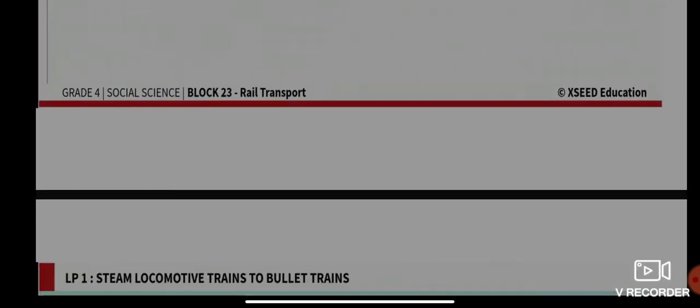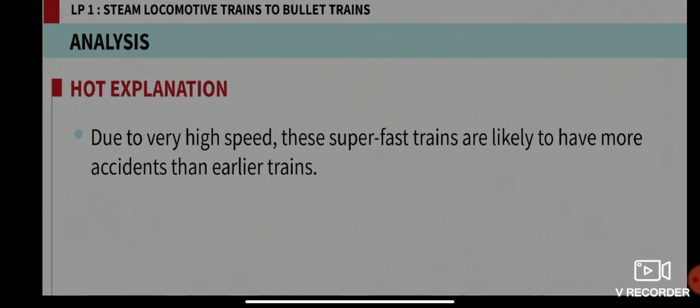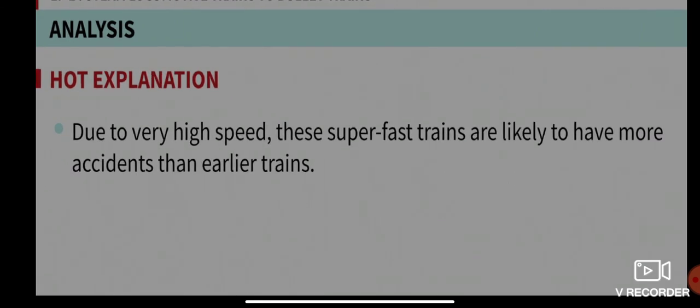Okay, so listen. See, due to the very high speed, talking about the bullet train, the super fast train, the disadvantage or the problem they face is that these super fast trains are likely to have more accidents than the earlier trains, as compared to the steam locomotive train or the older train, because it is very fast.